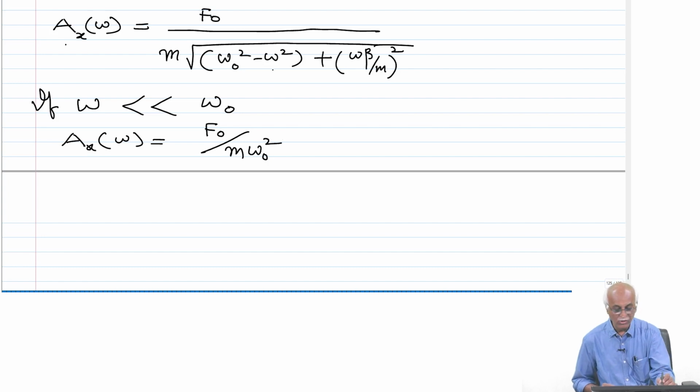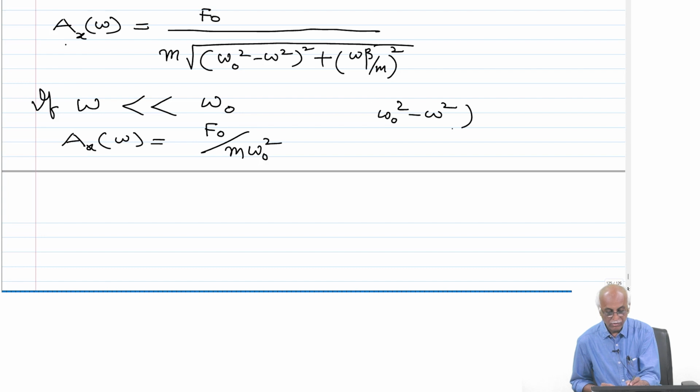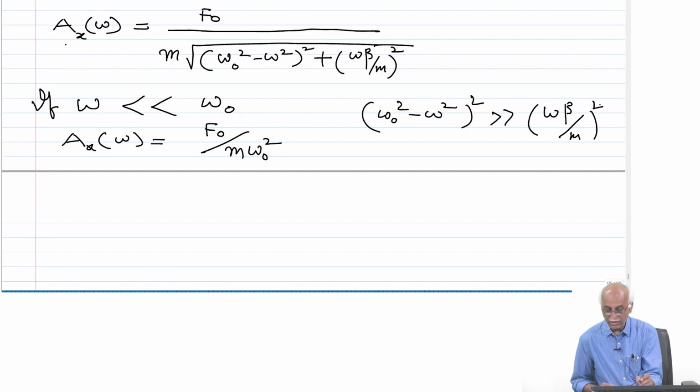Since omega 0 squared minus omega squared is much greater than p by m, when omega is much smaller than omega 0, this can be approximated.